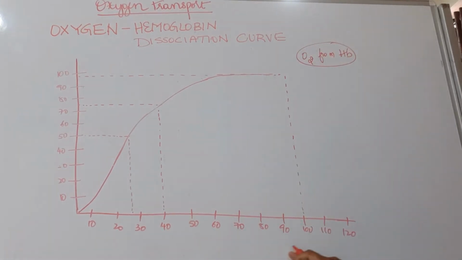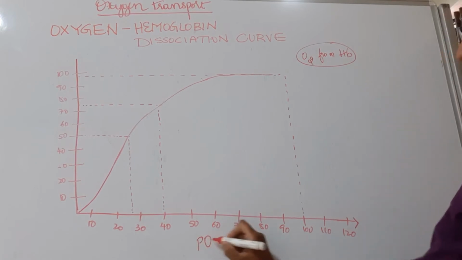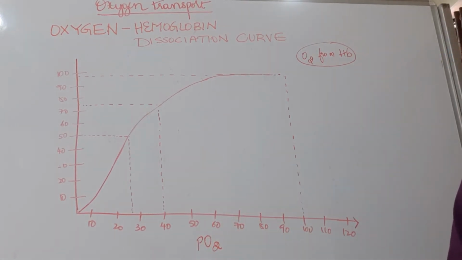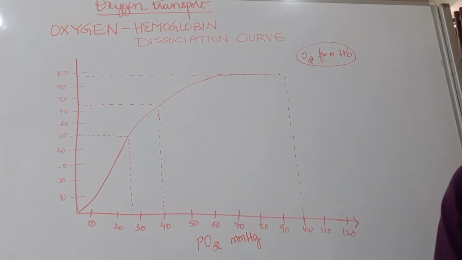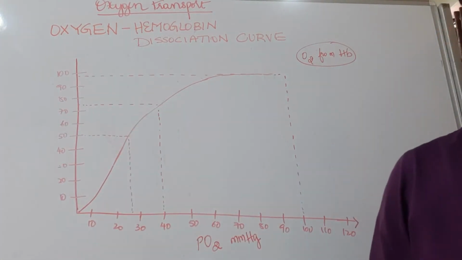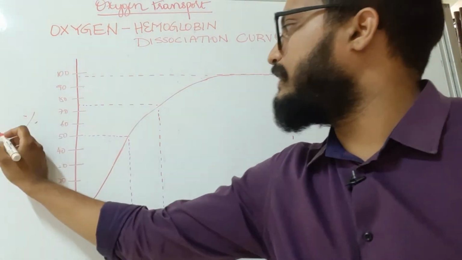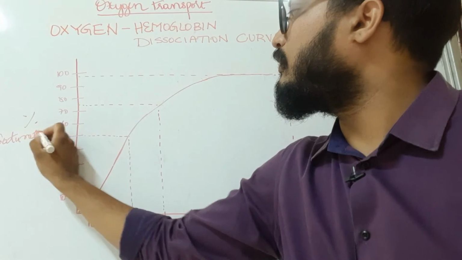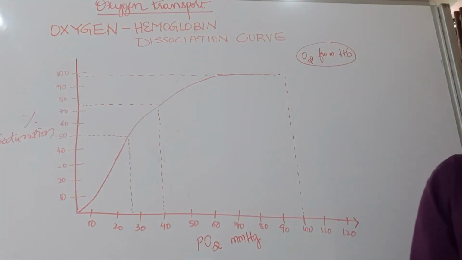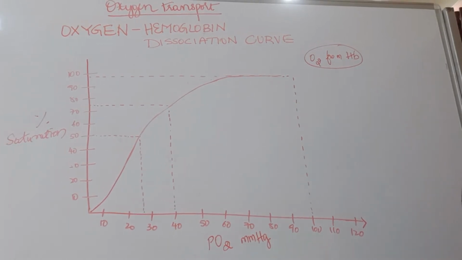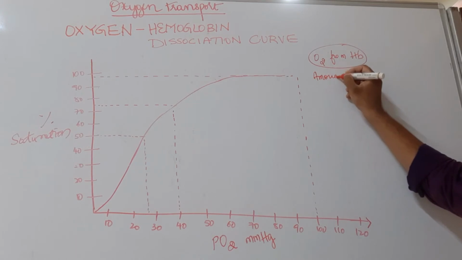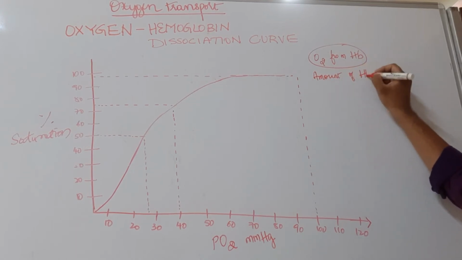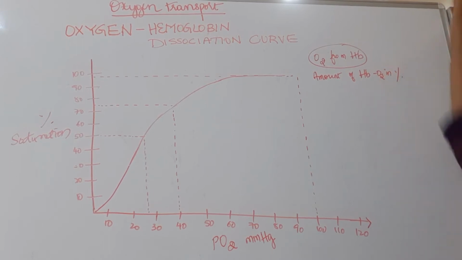In the x-axis we have the partial pressure of oxygen, PO2, in mmHg, millimeters of mercury, whereas the y-axis refers to the percentage saturation, which means the amount of hemoglobin bound to oxygen in percentage.